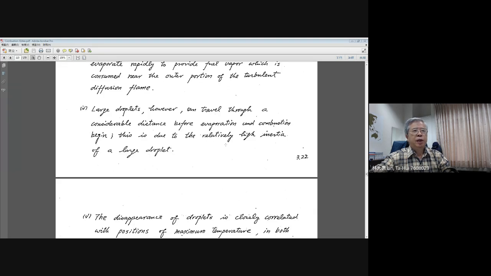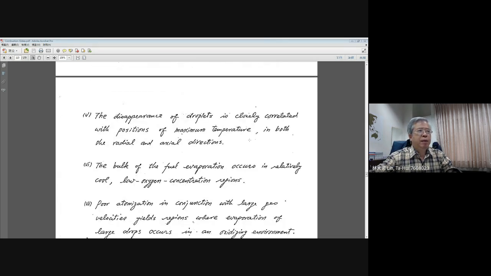It is due to the relatively high inertia of larger droplets. Definitely, the lifetime of a larger droplet is longer, and the momentum of the large droplet pushes it further downstream. They can survive, but anyway, they will finally gasify completely as fuel vapor or burn out completely in the downstream side.